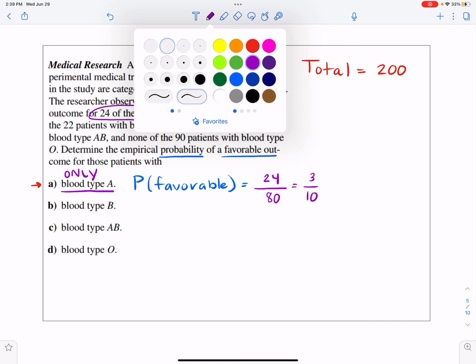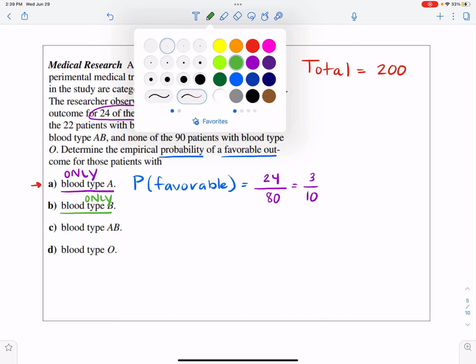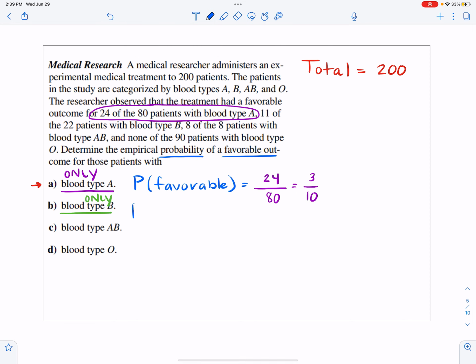And the same thing here. All right, if I'm told to look at a particular group, right, I'm still doing the probability of a favorable outcome. All right, that's the question here. But if I'm only looking at blood type B, then again, I'm not choosing from all 200.